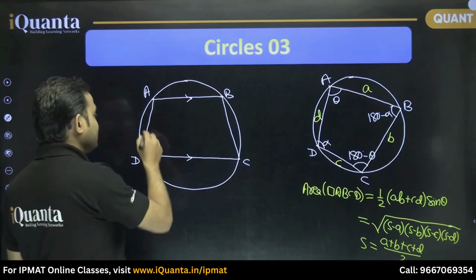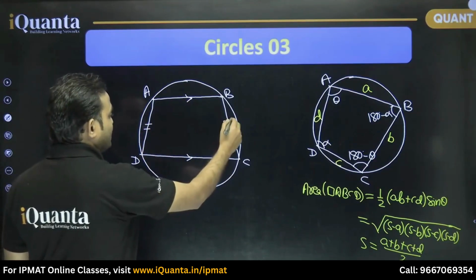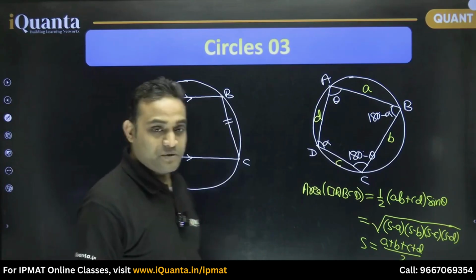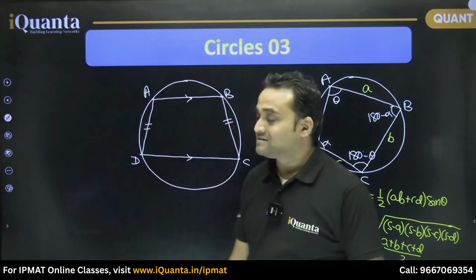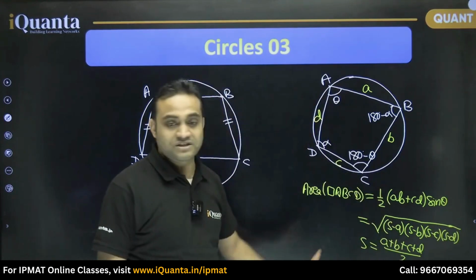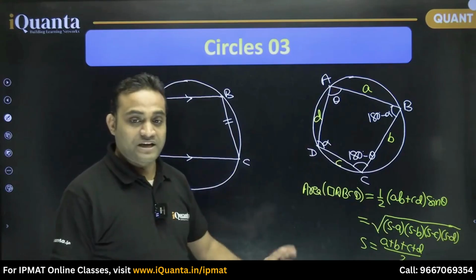What does that mean? It means that AD will be equal to BC. AB and DC will be parallel and non-equal sides. AD will be equal to BC, and rest you can use this concept to find out the area.